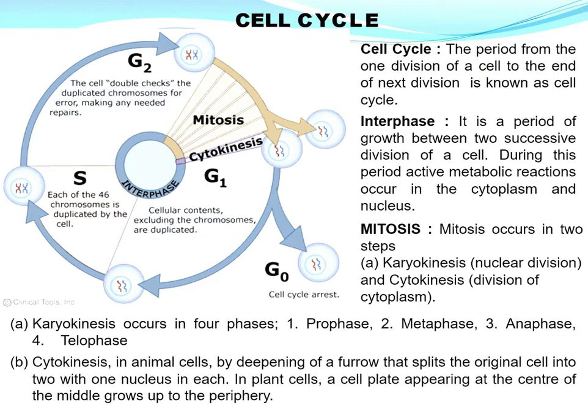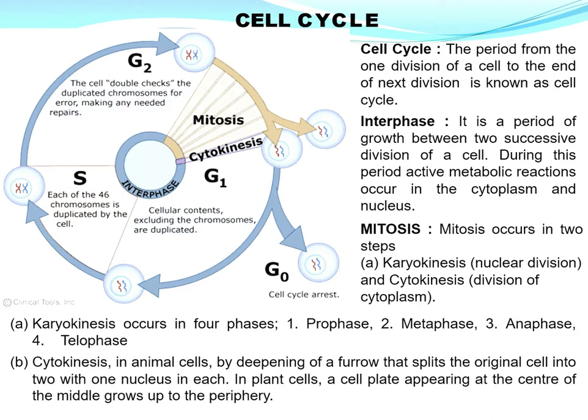Temporarily in the case of liver cells and skin cells, and permanently in brain cells or nerve cells, where new cells are never synthesized. But if there is an uncontrolled, non-stop cell cycle, it may lead to the formation of tumors, which can be benign or malignant. But once the cell enters S phase, it cannot revert back or stop dividing. It must enter M phase.